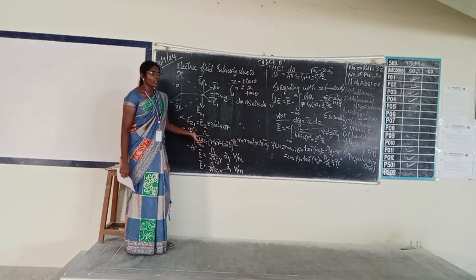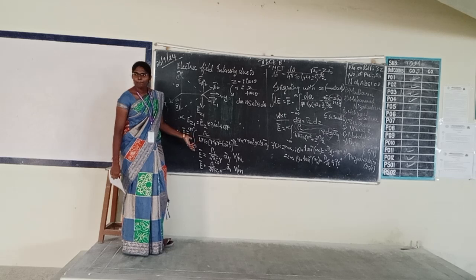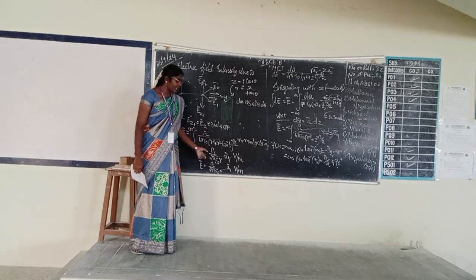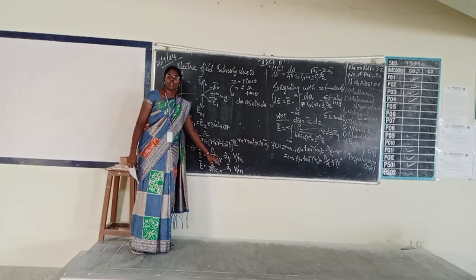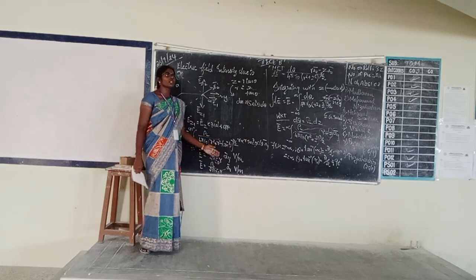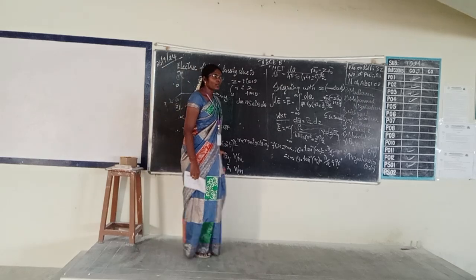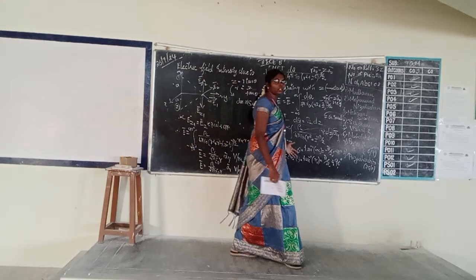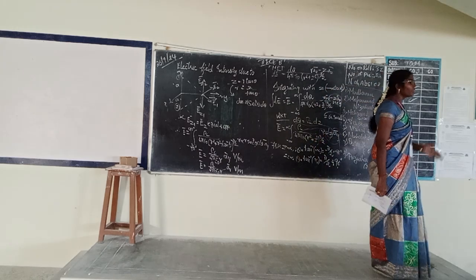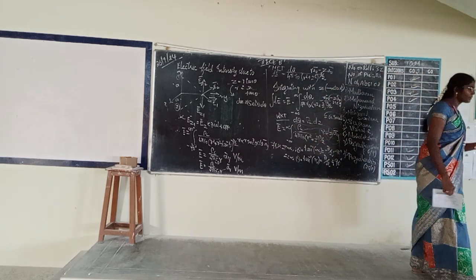If you want to apply, you can do that also. After applying the lower limit and upper limit, we will get the electric field intensity as rho L by 2 pi epsilon naught r into a_rho vector. If the unit vector is a_rho, it is replaced with the a_r vector. Clear? That is all about the electric field intensity due to an infinite line charge.